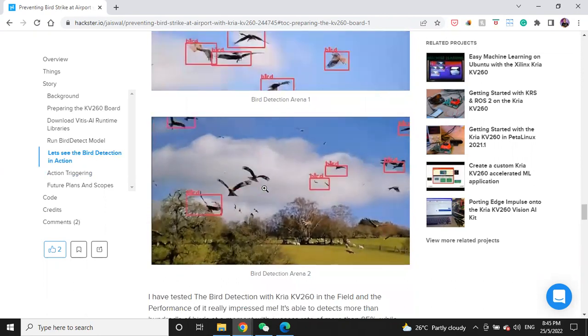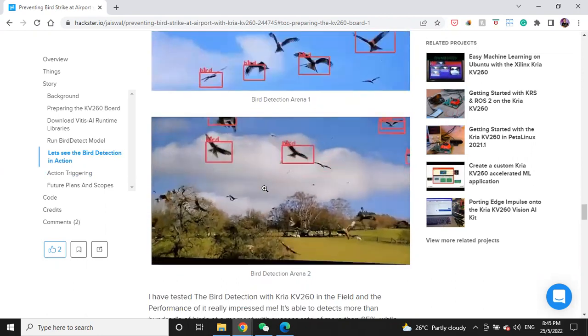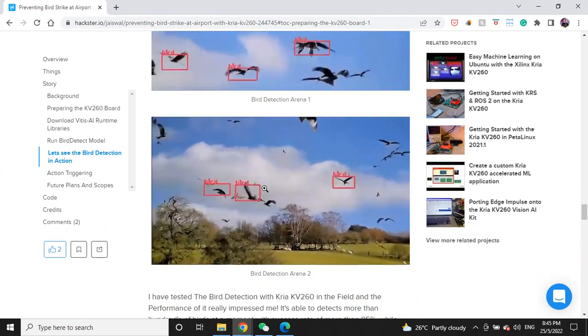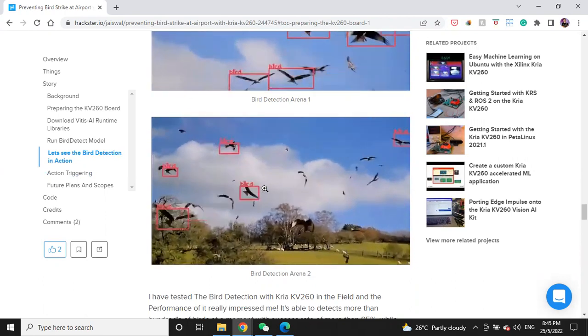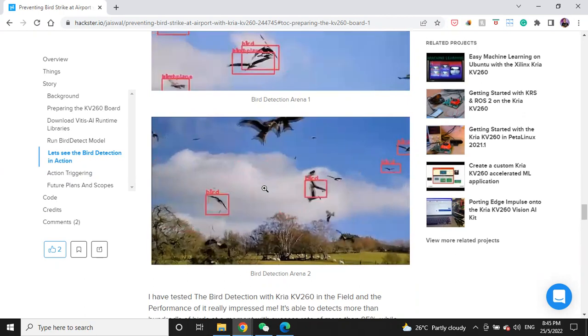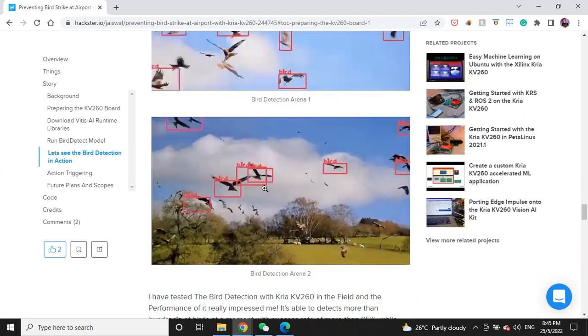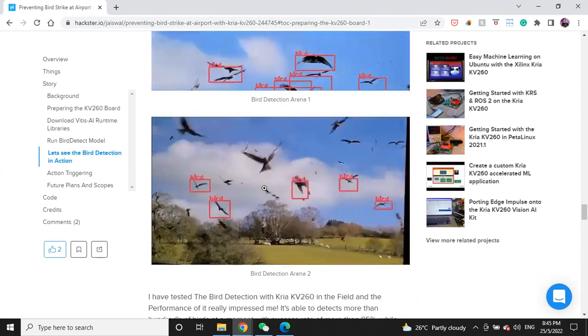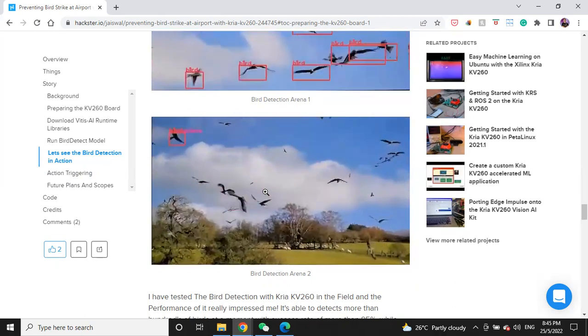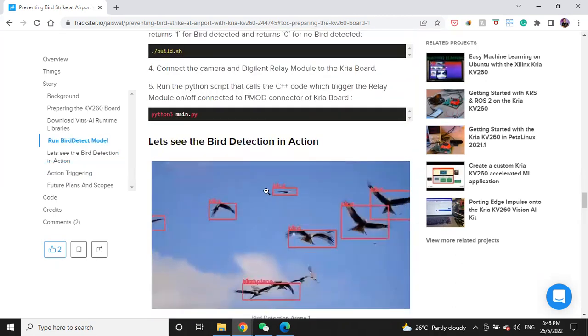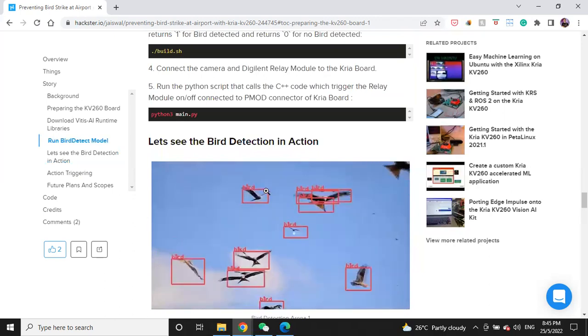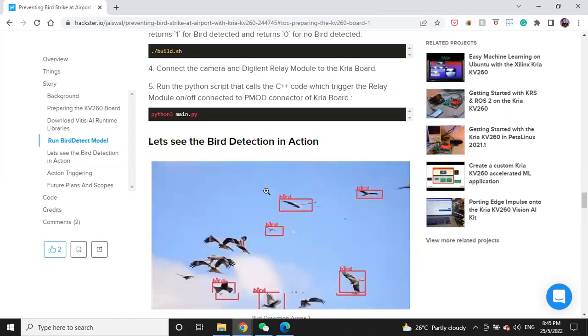You can retrofit this mechanism across any bird-prevention measure present right now and turn a passive measure into an active one. It's a very good way to prevent bird strikes.